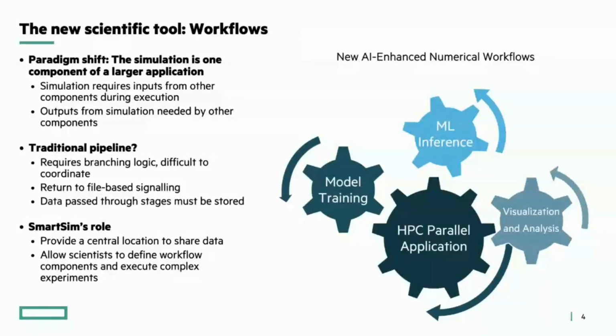We don't want to do things like join the MPI COMM worlds for 100 different applications or even 5 different applications. That gets very challenging. There are limitations to the underlying communication paradigms that MPI requires. And so really, we need something else. One of the things that we provide with SmartSim is a central location to share all the data that may be generated or consumed by the elements of the workflow.